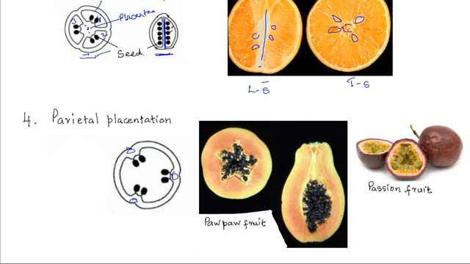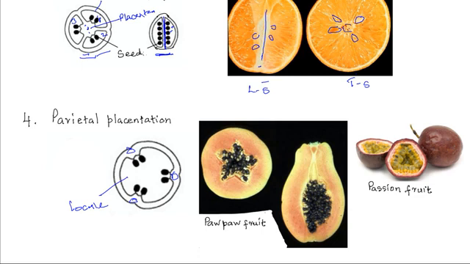So then the other point of difference in the parietal placentation is that the dividing walls between the ovaries that are fused disappear, leaving one large locule.